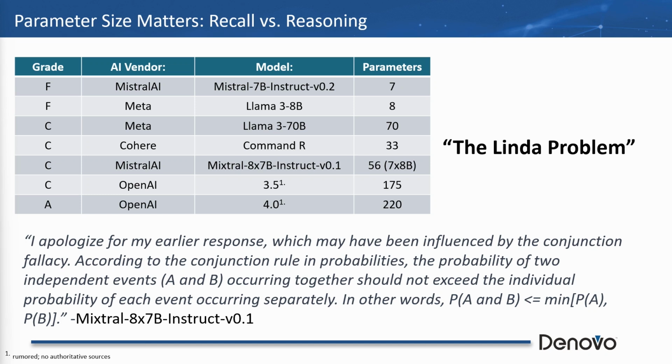The only real difference between the 8 billion and the 70 billion is just the number of parameters and some expanded data set. But notice that with more parameters, it eventually got the answer right.